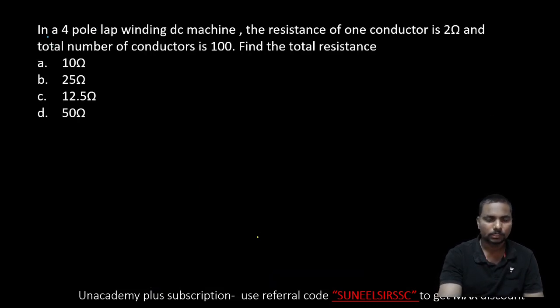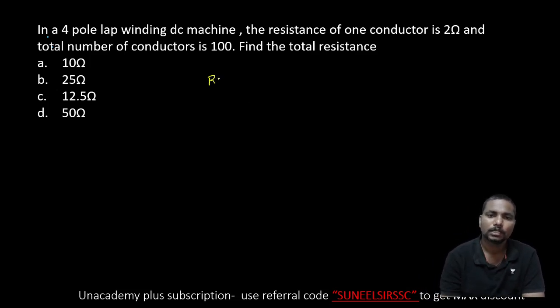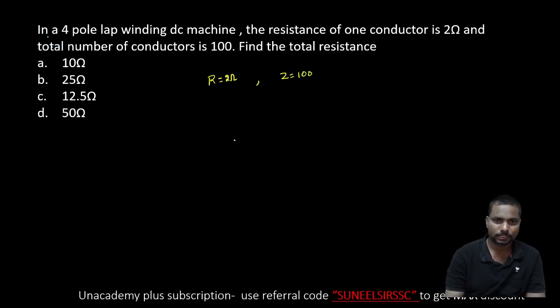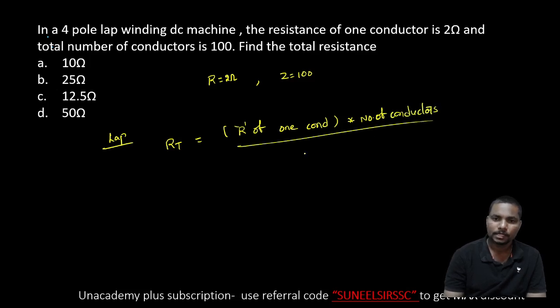Coming to the next one. In a 4-pole lap winding DC machine, the resistance of one conductor is 2 ohms and the total number of conductors is 100. Then what is the total resistance? For lap winding, the formula is resistance of one conductor into number of conductors by A square, which is the same as P square.